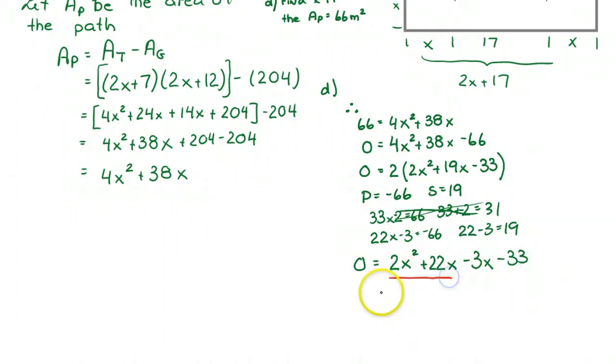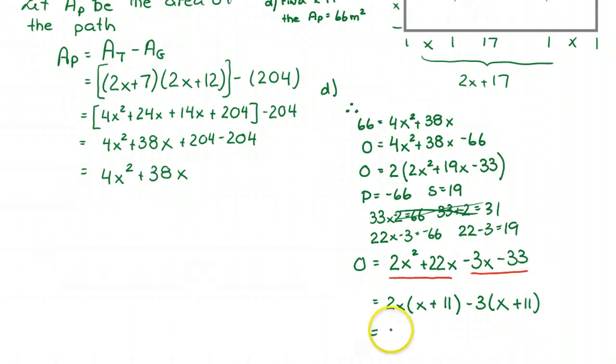So I'm going to take this one, I'm going to factor to both of those. So that's 2x, and I get x plus 11, minus 3. And if I've done this right, this should be x plus 11. Perfect. It's the same. So therefore, I get 2x minus 3 times x plus 11.